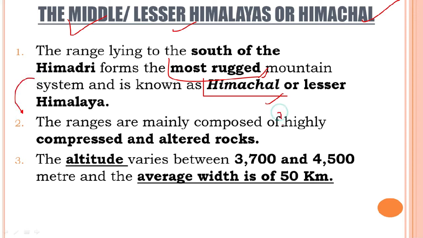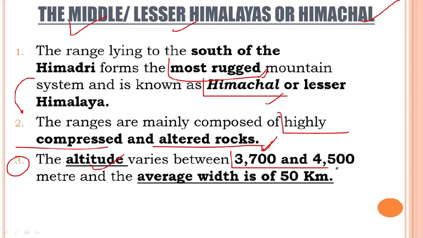We have seen that it is composed of highly compressed and altered rocks, different kinds of rocks which do not have a smooth composition. The point number 3, we also see that the altitude varies between 3700 and 4500 meters, which we have already studied, that it roughly comes down to 4000 meters as average. Okay, and the average width is 50 kilometers.